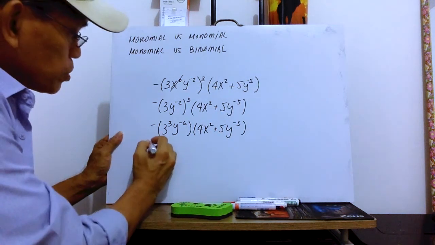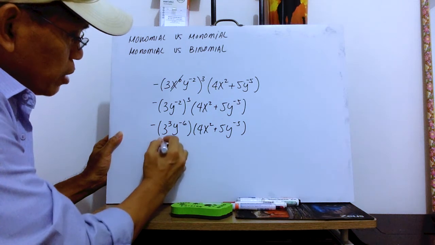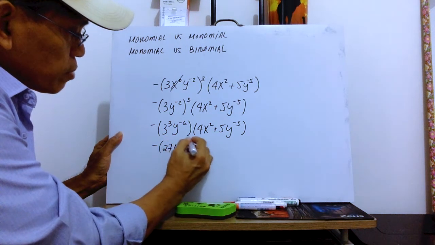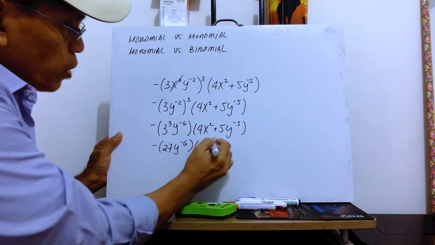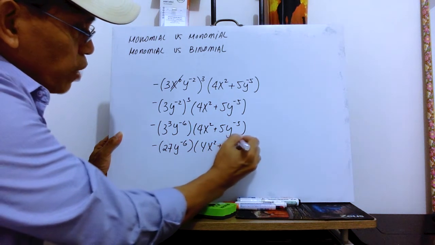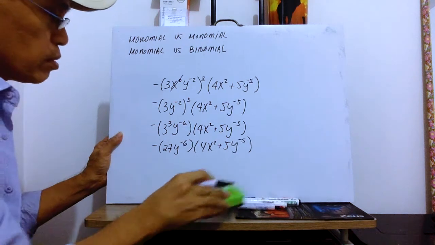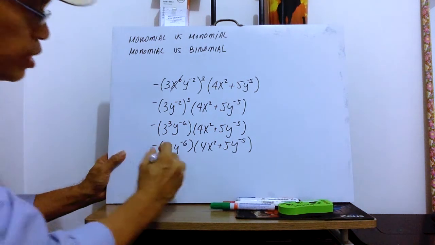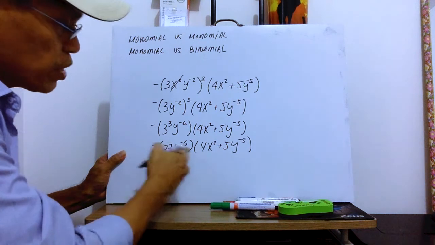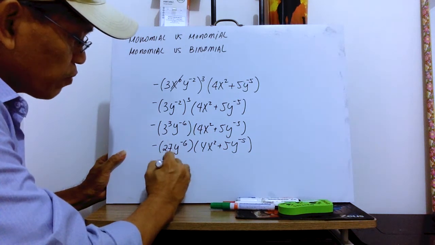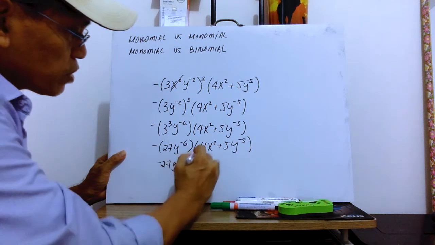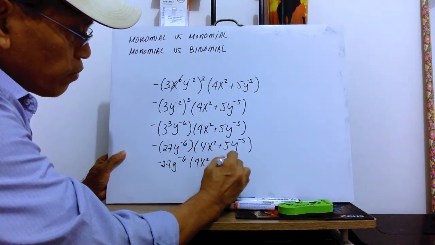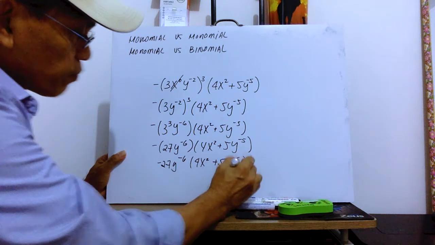So this becomes negative 27 y raised to negative 6 times (4x squared plus 5y) raised to negative 5.